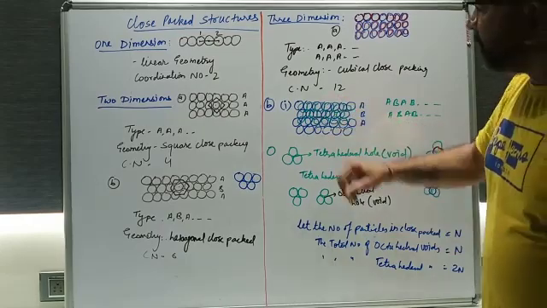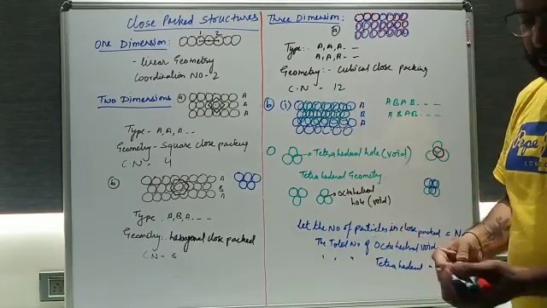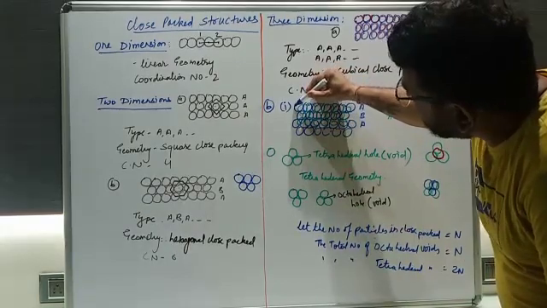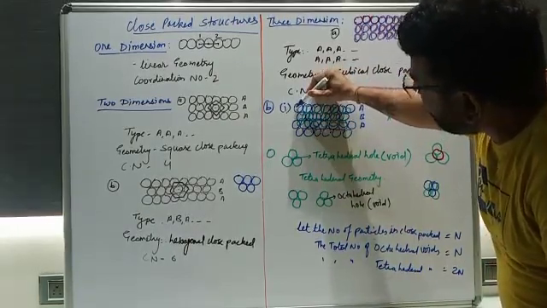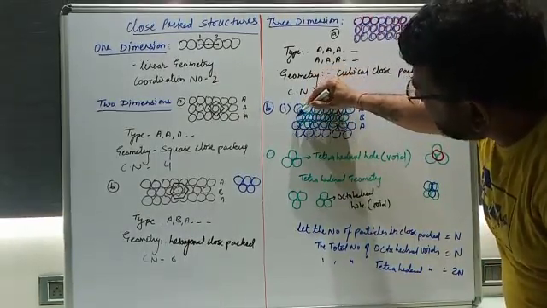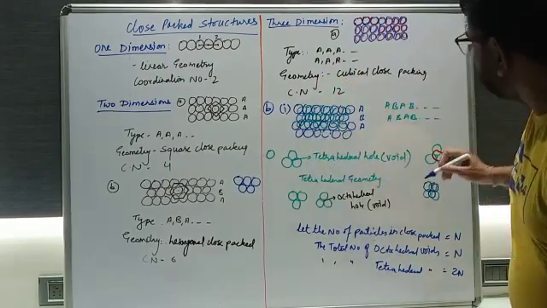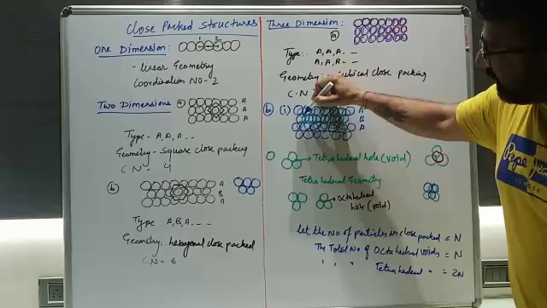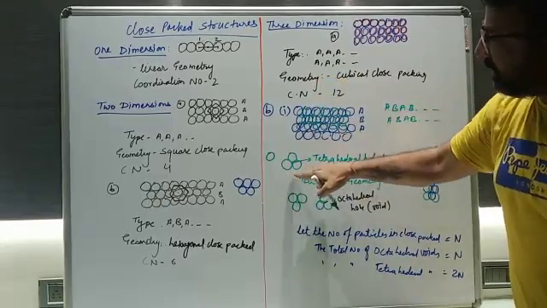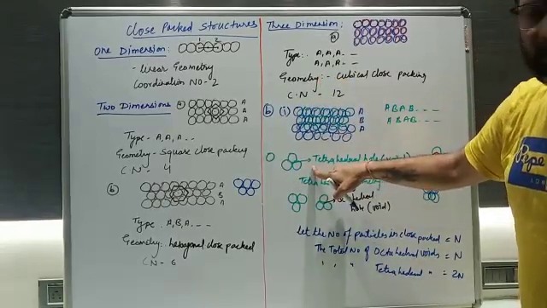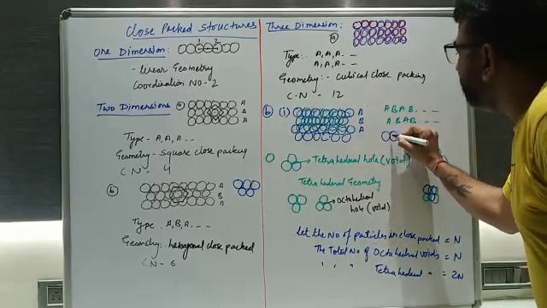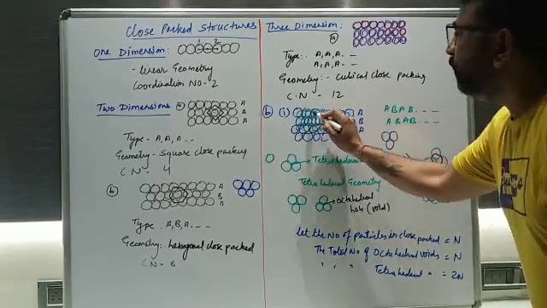So what kind of geometry is seen? Here you need to observe properly. See that this is one particle, this is the second particle, and the blue color third particle. These are the 3 blue color particles. You can see that on this side, 1 particle, 2 particles, and the third particle, the blue color one.